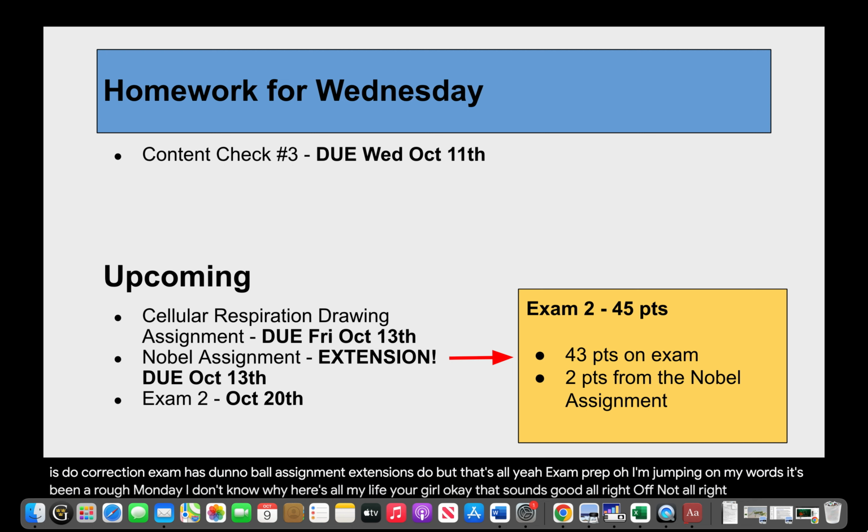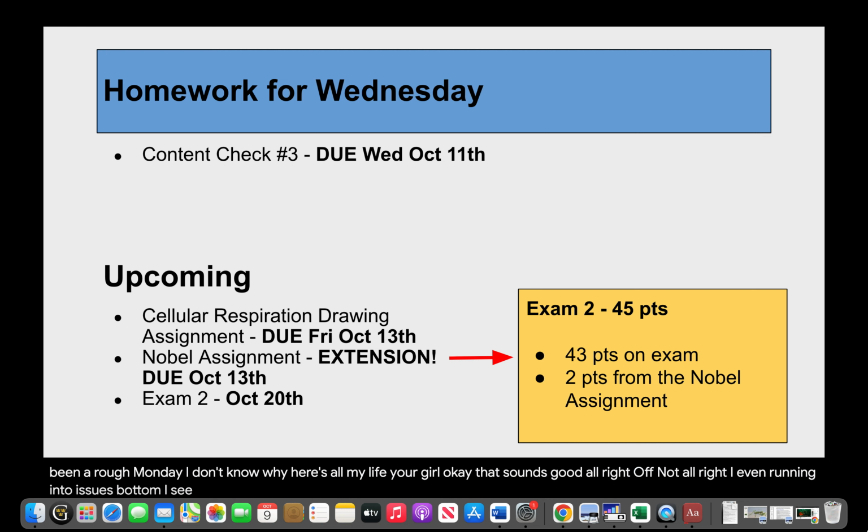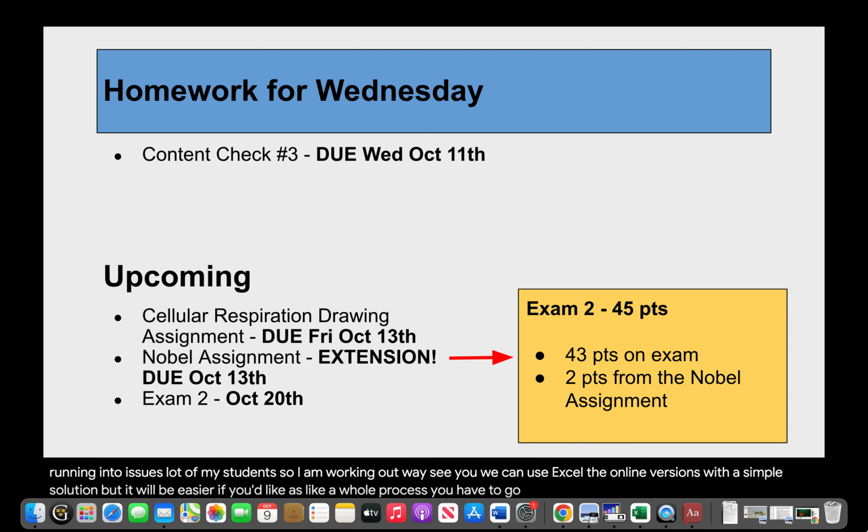I've been running into that issue with a lot of my students, so I am working on a way to see if we can use Excel, the online version, to do custom error bars. It's not a simple solution, but it will be a solution. Google Sheets has error bars, but there's a whole process you have to go through to get individual numbers for it. It is very long.